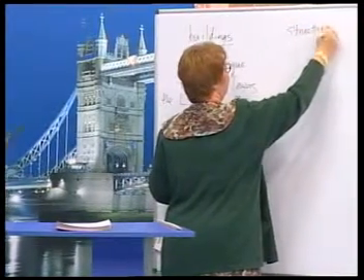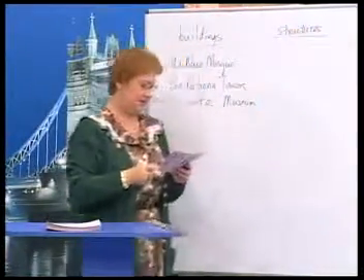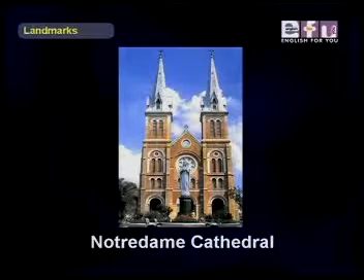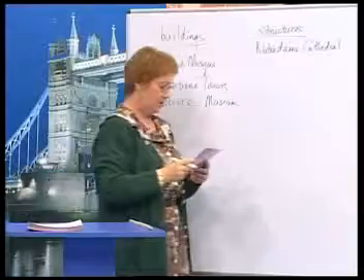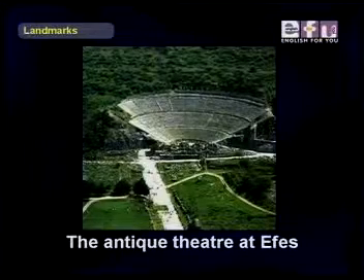Okay, now let's do some structures. So these are kind of like buildings, but a little bit different. Isabel, you start. Notre Dame Cathedral. Yes, Notre Dame Cathedral. A cathedral is like a big church. Okay, Ali? The Antique Theater at Efes.